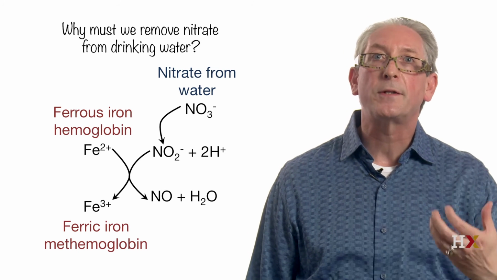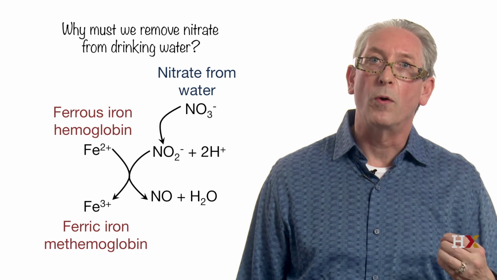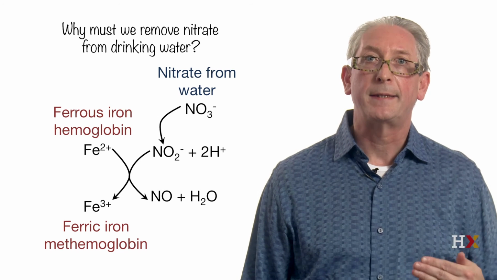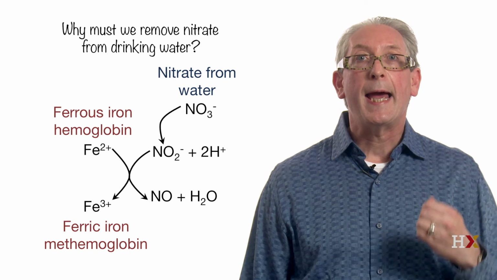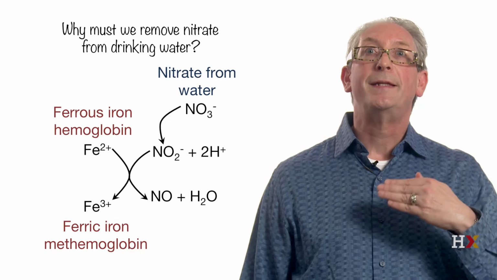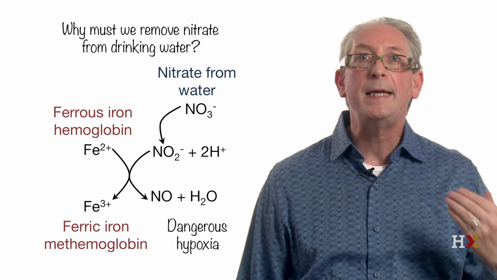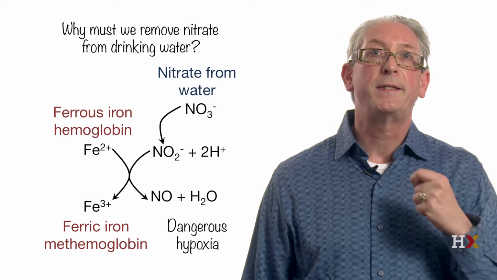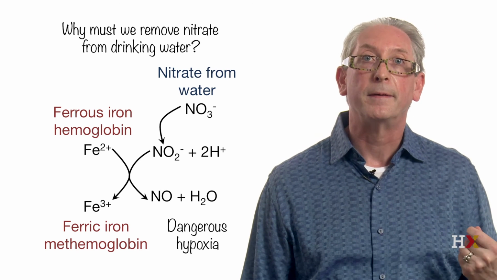So if you have an excess of nitrate or nitrite in drinkable water, babies will accumulate methemoglobin more than adults. And the consequence will be deoxygenation of tissues in babies that will lead to a form of what is called blue baby syndrome, which has dramatic consequences and can be lethal.